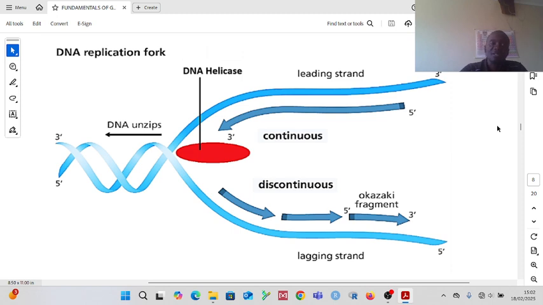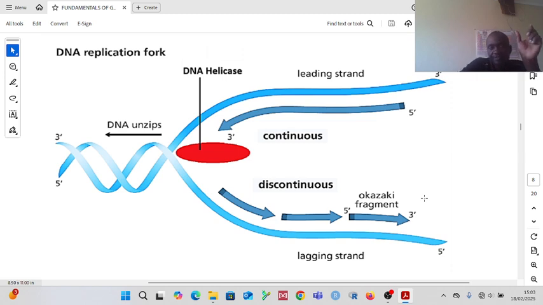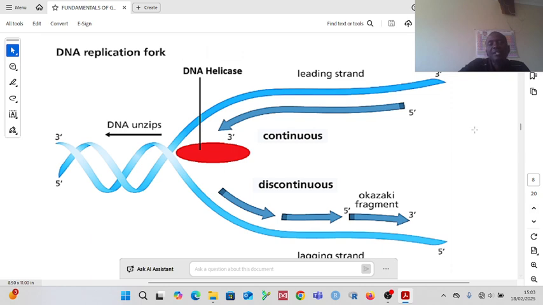Base complementarity. Inasoma what is on the huku nje, inaongeza hapa ndani. Inasoma yenye iko huku nje, inaongeza hapa ndani. The difference ni kwamba on one strand, elongation is happening in a continuous way. On the other strand, elongation is happening in short fragments.